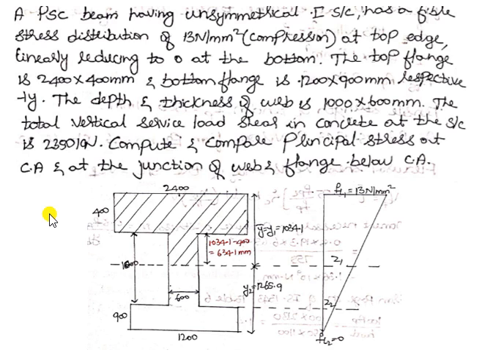The depth and thickness of web is 1000 by 600 mm. The total vertical service load shear in concrete at section is 2350 kN. Compute and compare principal stresses at centroidal axis and at the junction of web and flange below the centroidal axis. So this question was asked for 14 marks in semester examination.